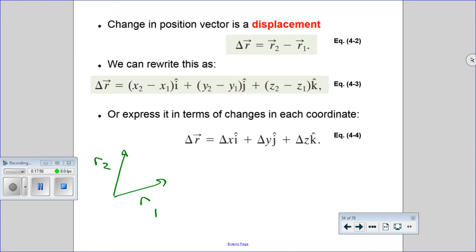R1 plus the change equals the final. And so what this expression is telling us is basically that it works either drawing it or component-wise. That if you find your change in x, that'll equal your resultant change in x. So, cool?